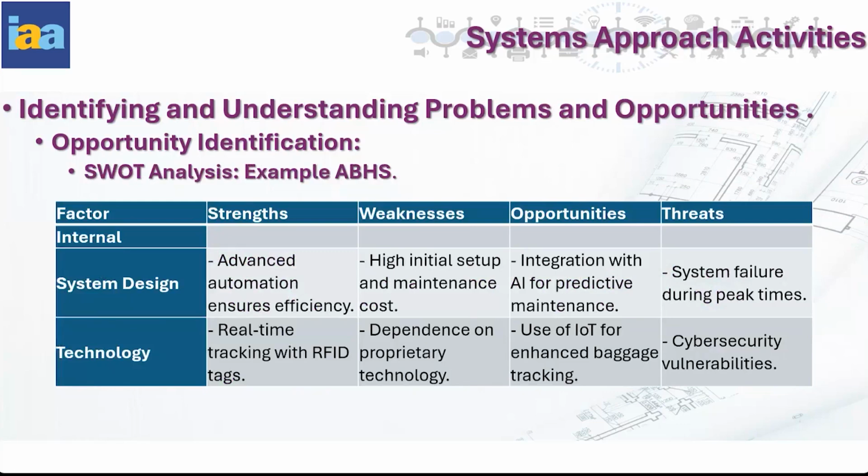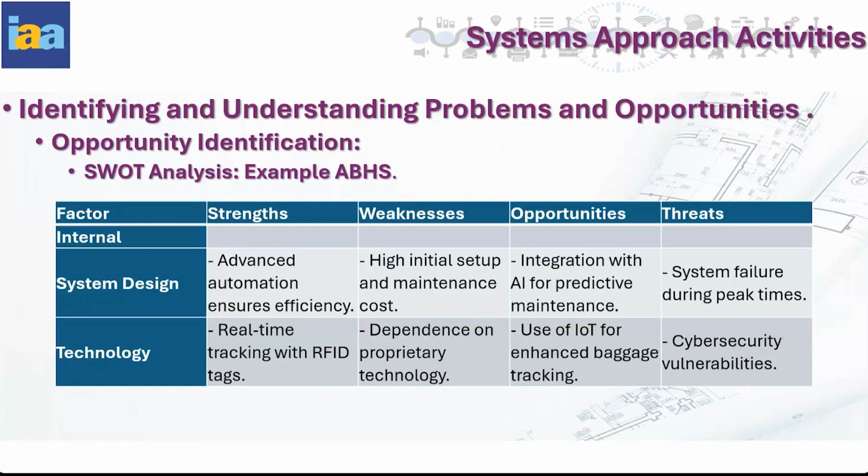I told you have to do the SWOT analysis with the internal design. So you have to see what is strength, weakness, opportunity, and threat. Suppose system design, that is part of the system that you are bringing. So the strength, you can say advanced automation ensures efficiency. At the same time it will bring a weakness that it may increase your setup and maintenance cost.